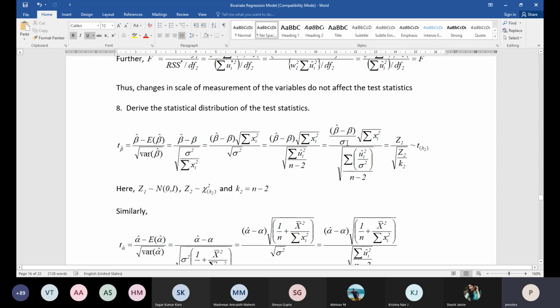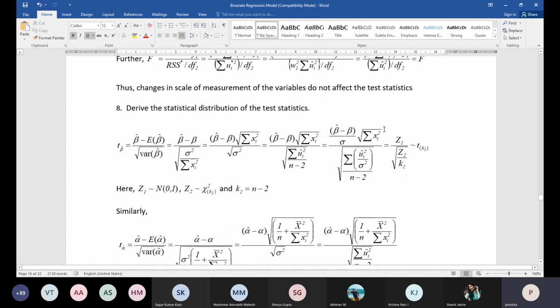Now you scale both the numerator and the denominator by sigma. So we are dividing this component by sigma, and we are dividing this by sigma square and taking it inside the square root.